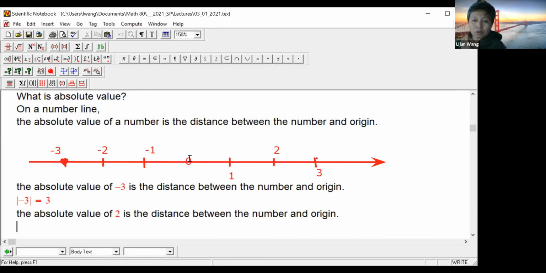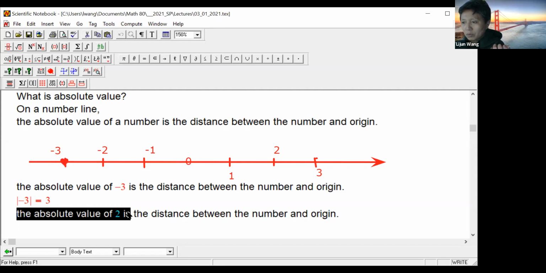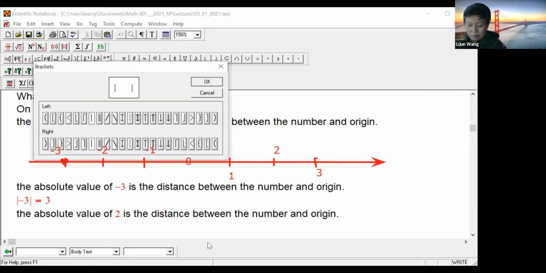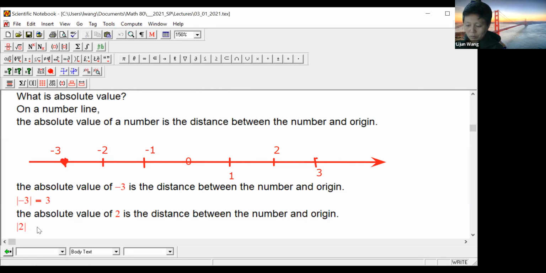It's like you go to grandma's house. You just know the distance. You get on your GPS, or I'm sure you already know where she lives, and you don't really need the GPS, but it's the absolute distance. So for the absolute value of 2, we use a shorthand notation. It means the distance between 0 and 2, of course, this is 2.